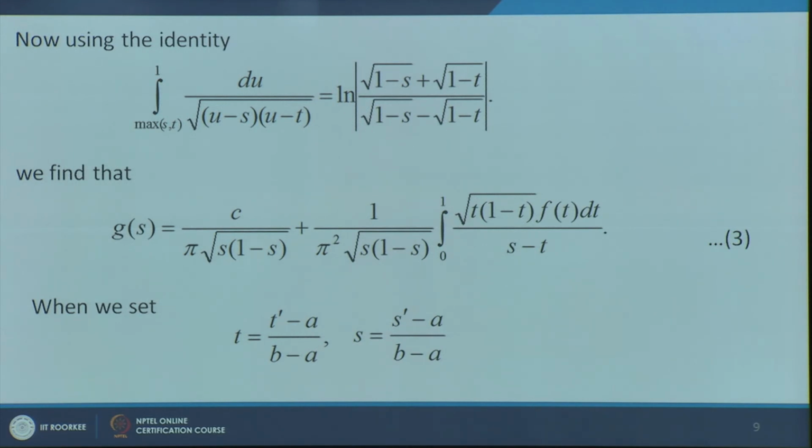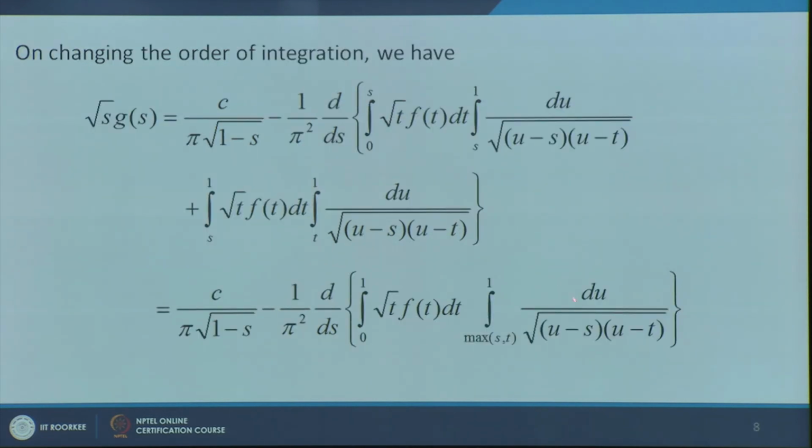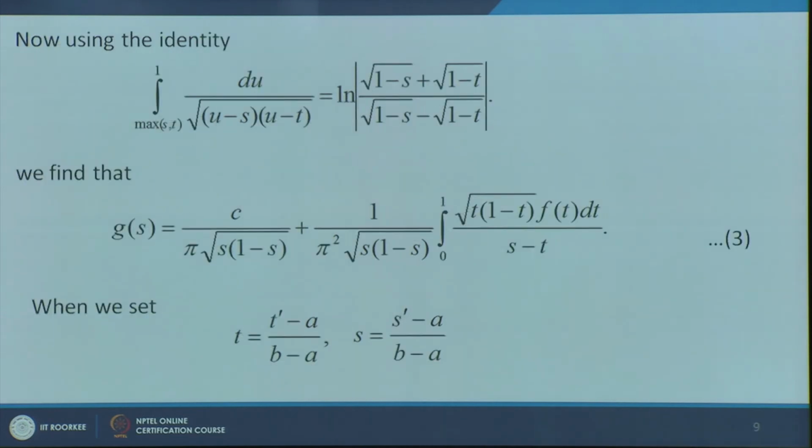Now we will have to differentiate this expression with respect to s because of d over ds. That we can do by considering two cases, when t is greater than s and when s is greater than t. So by taking two different cases, we can differentiate this expression with respect to s, and we will get this quantity.